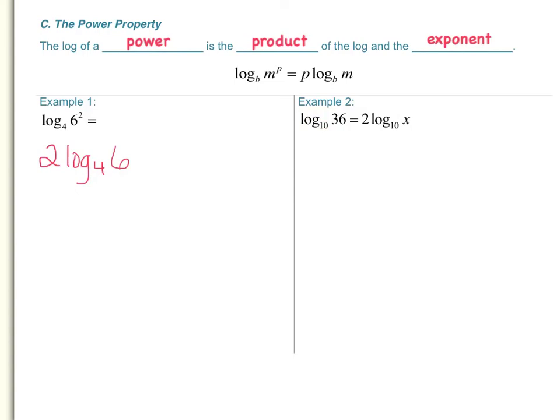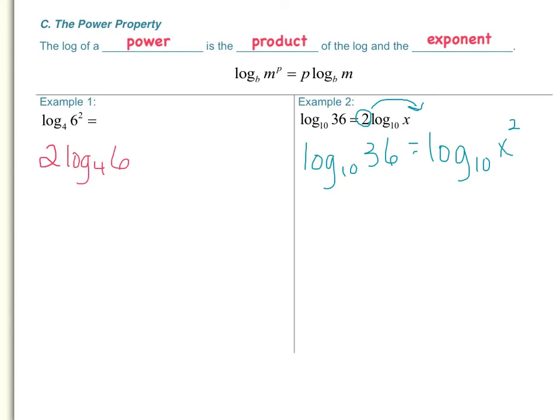So on the left side of the equation, we still have log base 10 of 36. Now using our power property, we know that this 2 right here is actually the exponent of our argument. So we can rewrite the log on the right side of the equation as log base 10 of x to the second power.